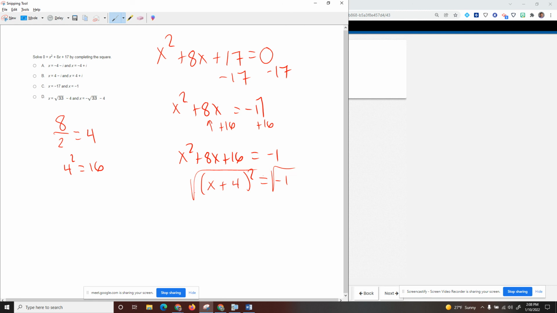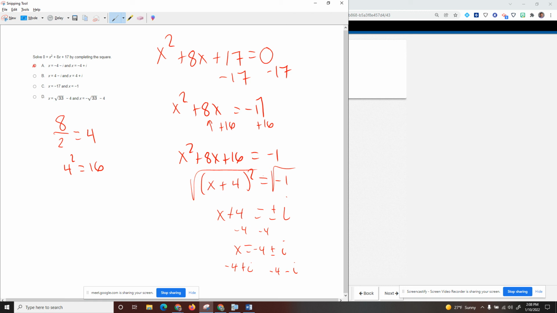X plus 4 squared, when you take the square root of it, you get x plus 4. And then the square root of negative 1 is plus or minus i. So now I'll just subtract 4 to the other side, and you get x is equal to negative 4 plus or minus i. So you get negative 4 plus i and negative 4 minus i. Those are your two solutions, and that appears to be answer choice A.